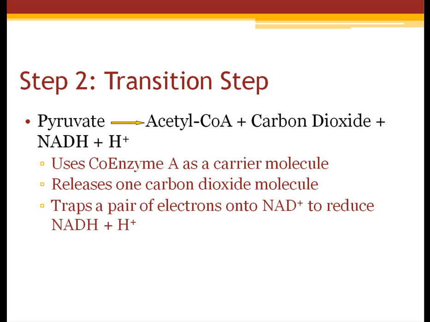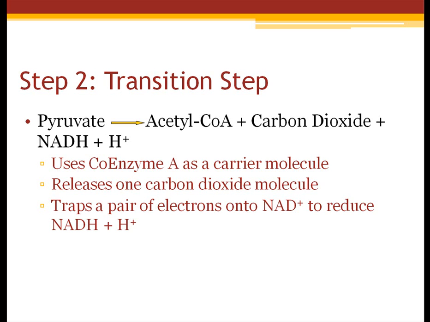So a 3-carbon pyruvate molecule loses a carbon in the form of carbon dioxide as it goes across the membranes of the mitochondrion. Acetyl-CoA is a 2-carbon molecule that in turn has a coenzyme attached to it. This transition step takes pyruvate, breaks it down by releasing another carbon dioxide and creating more NADH.